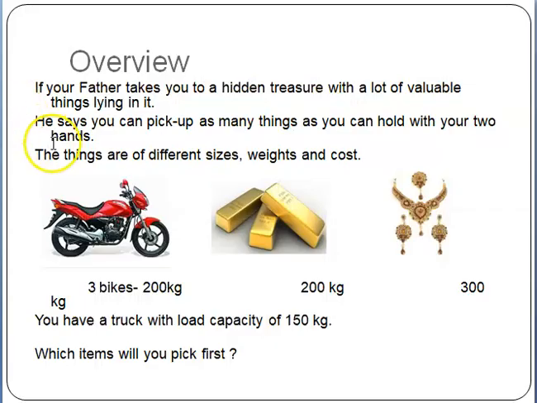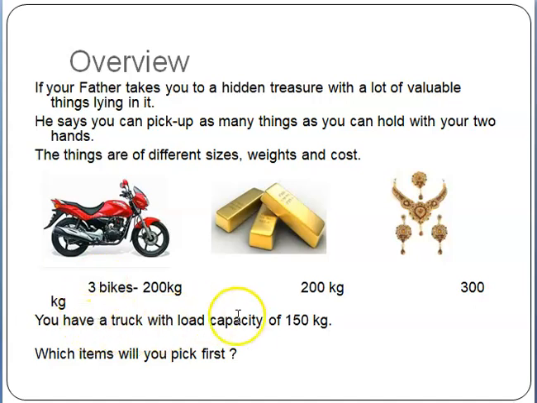So as you can see here, suppose you have three bikes which weigh around 200 kg, you have gold biscuits which weigh around 200 kg, and you have diamond sets which weigh around 300 kg. So like this you have different items which have different values and different weights. So values in terms of price and the weights in terms of the quantity.